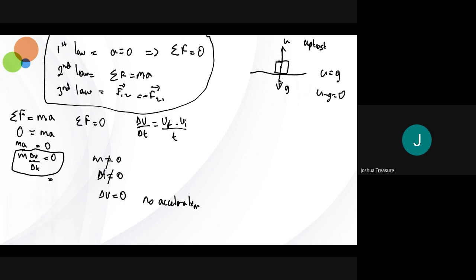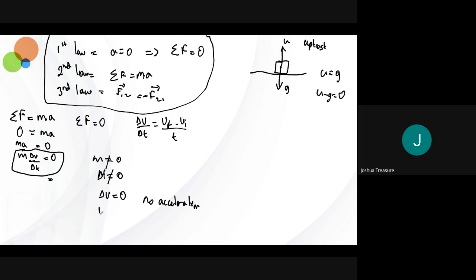But if the U was stronger than the G, or the body exerted a much larger force on, let's say, a table, the table could break, and there would be an acceleration. But because they cancel out and the sum is equal to zero, there is no acceleration.